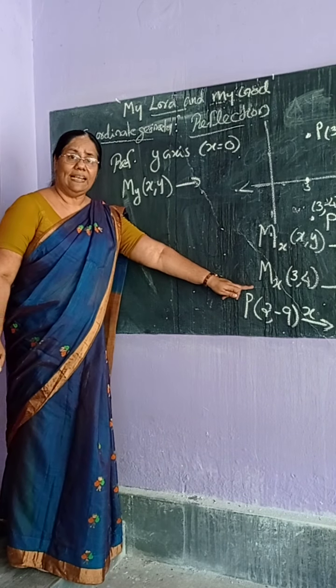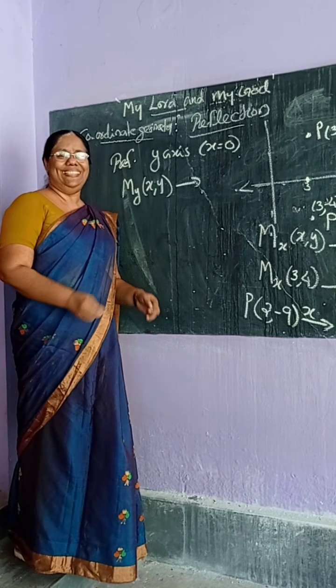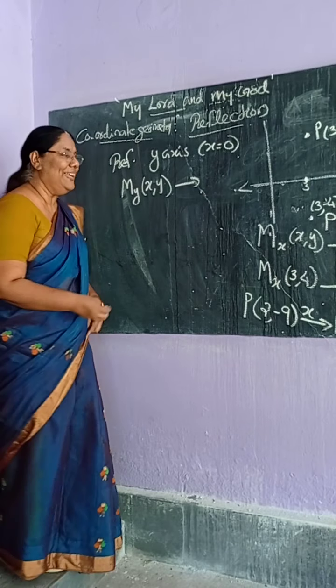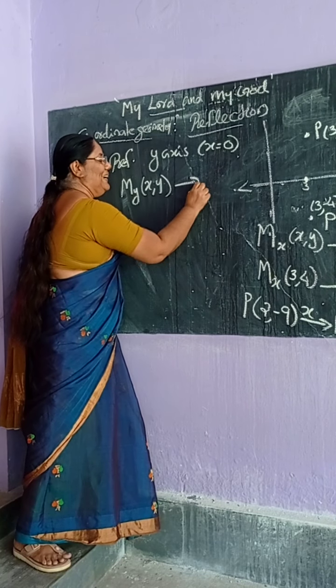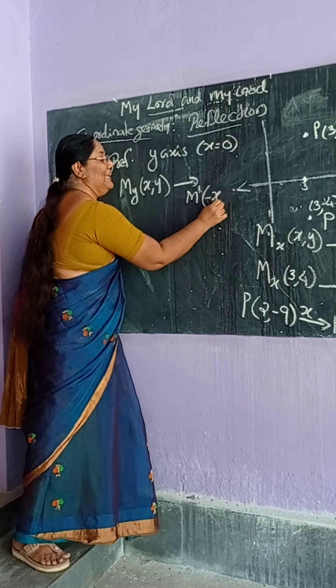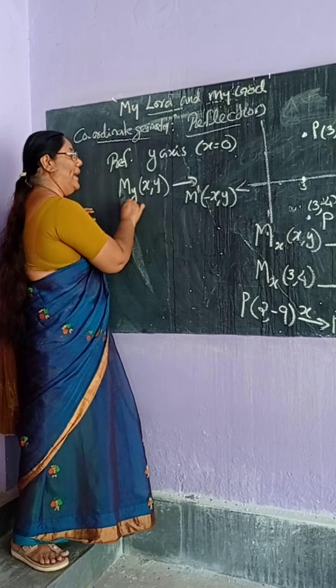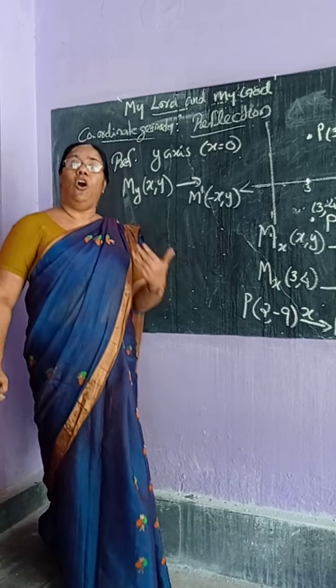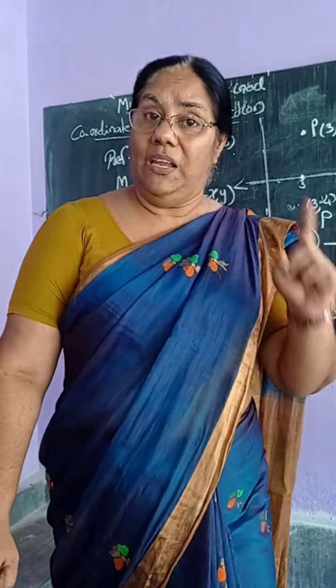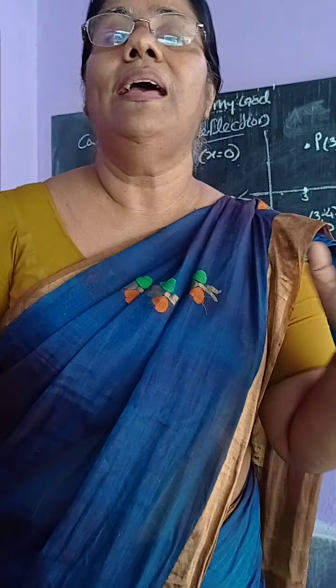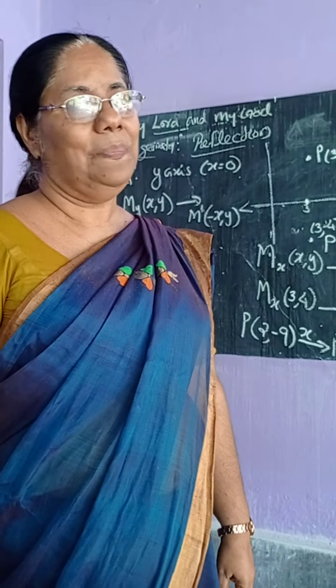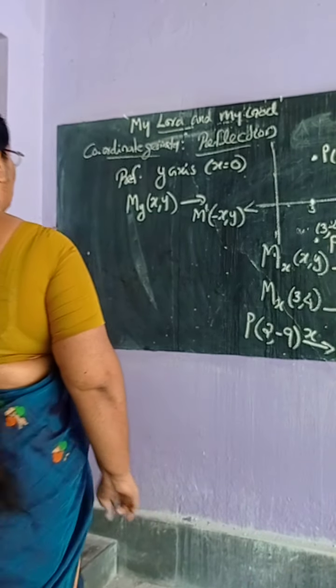If it is x-axis, the y coordinate changes its sign. Then y-axis means, very good, M dash is (-x, y). If it is y-axis, the x coordinate changes its sign. If it is x-axis, y changes; y-axis, x changes. Understand? Then write one or two questions.